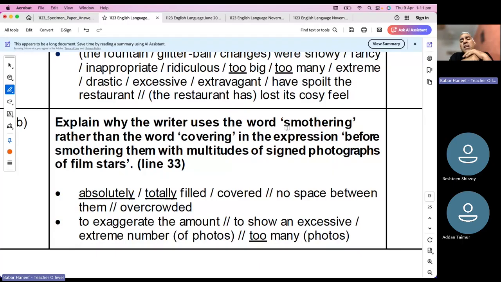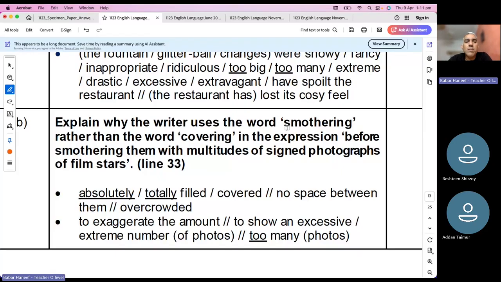Maybe you're creating a large collage, and that collage is not even appealing, it's quite crowded. So smothering over here is to do with totally filling something with no space left. Or maybe you can say overcrowded. Smother refers to overcrowd.